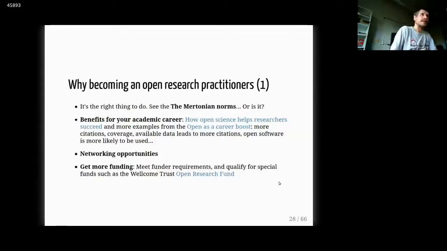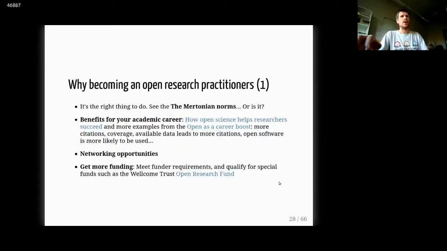Open access articles get more citations, open publications get higher coverage, data availability is associated with an increase in citations, openly available software is used more often, and you can also benefit from institutional support, right? If you need help to work openly, reproducibly, very often in your institutions you have dedicated people that can come and help you.